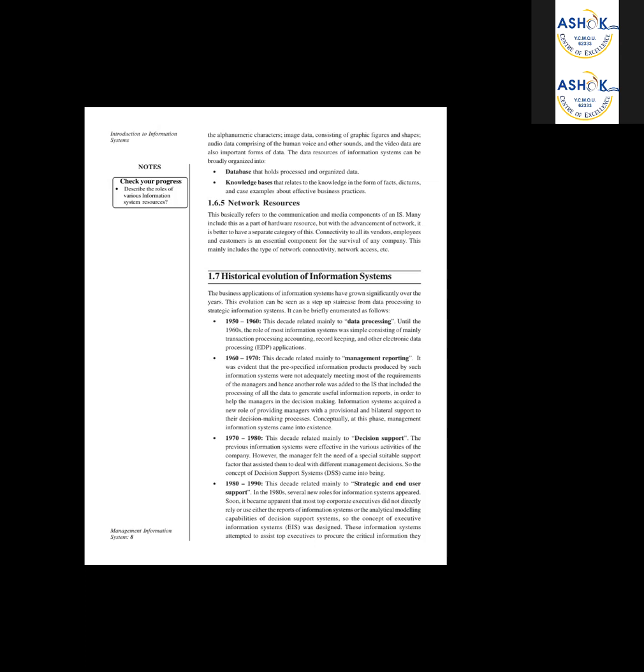This decade related mainly to management reporting. It was evident that the information produced by such information systems was not clearly meeting most of the requirements of the managers, and hence another role was added for information systems, including the processing of all the data to generate whole information reports in order to help the managers in decision making.